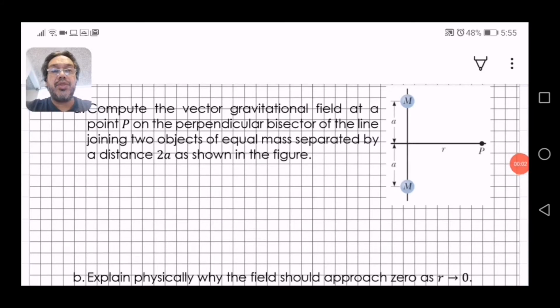Good day, guys. So, continuing with this problem, we have a point P on the perpendicular bisector of the line joining two objects of equal mass, separated by a distance 2a.